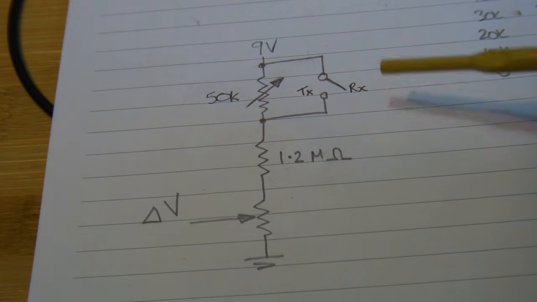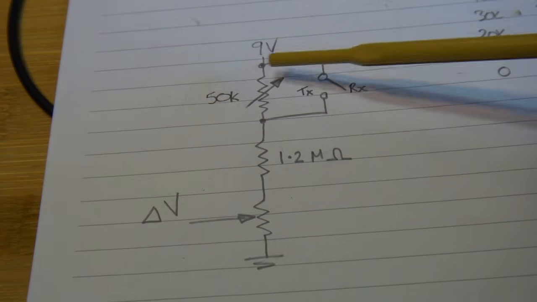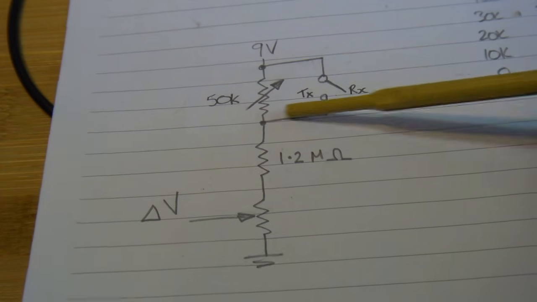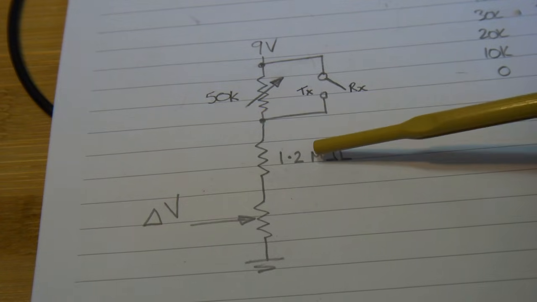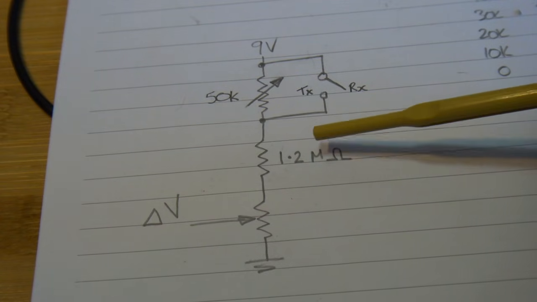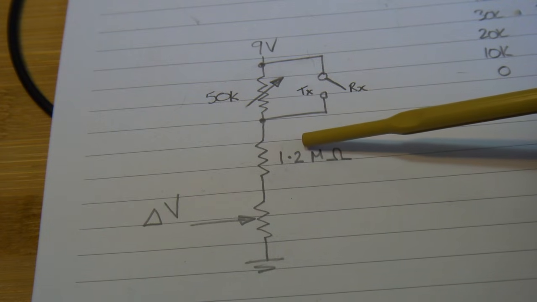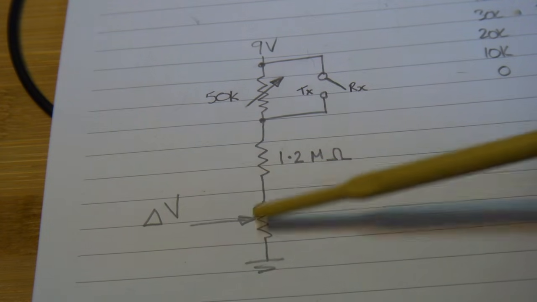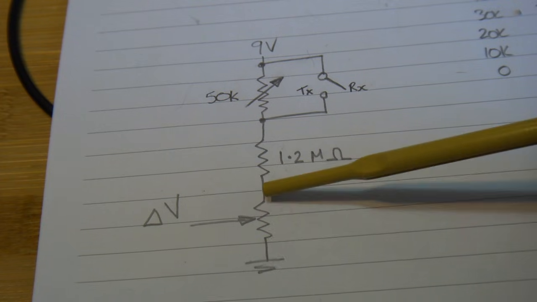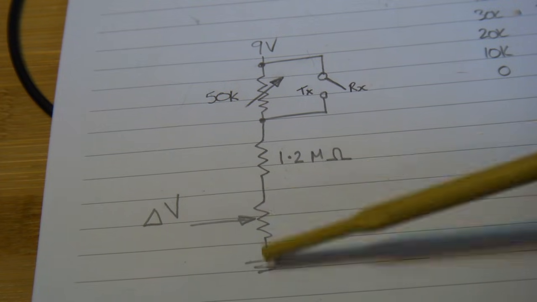So disregarding this top piece here, just think this switch here is shorted, so 9 volts across the combination of 1.2 megohms, that's a 1 meg and a 200k resistor in series, on top of that 100k trim pot, a 10 turn helipot I should say.